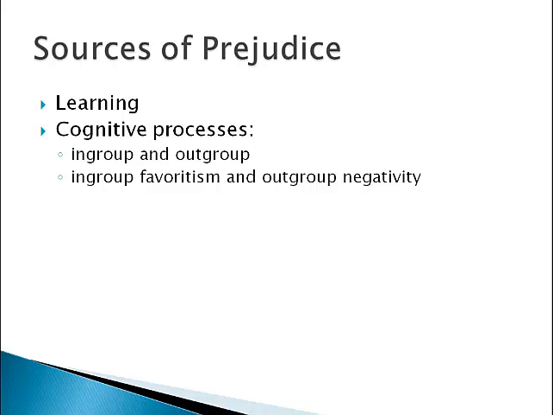They're different. And oftentimes, we also have something called the outgroup homogeneity effect. Now, the outgroup homogeneity effect is best summed up by a potentially very offensive sentence that, while I am going to say it, I am taking the time to preface my statement with the fact that, no, I don't actually believe this, and I'm not aiming it at any group in particular, but you may have heard this sentence, which goes like this: "They all look alike to me."